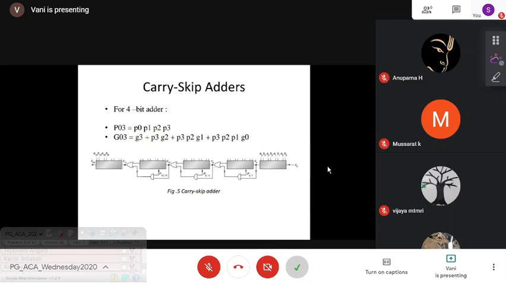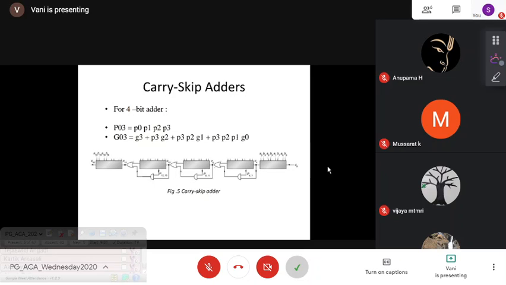If any one of the blocks in the first block generates a carry, then C4 will be equal to high. That is, assume that A2 and B2 are 1 1. Therefore, the carry is generated from that block.